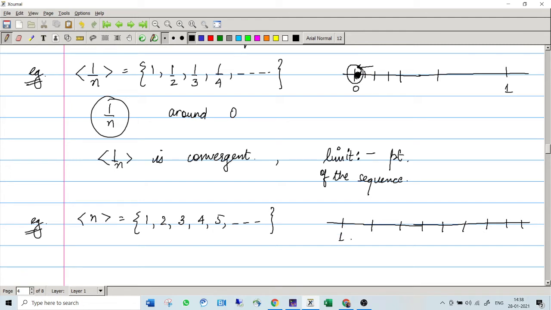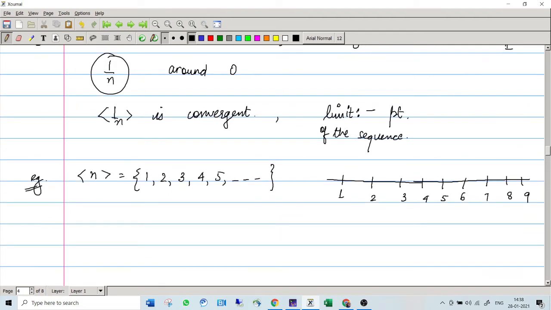What do you think? Are the terms getting closer and closer to any point? No, ma'am. So this sequence is not convergent. A sequence which is not convergent is called divergent. So this sequence is divergent.